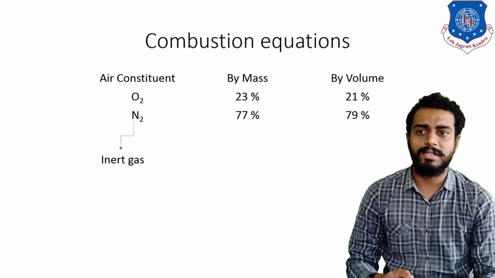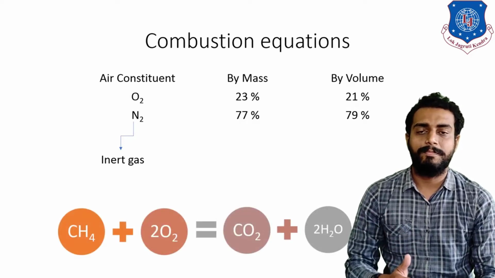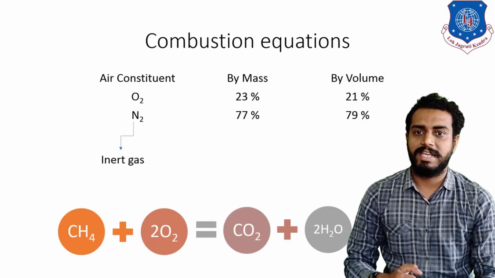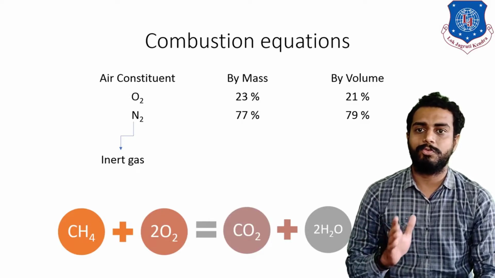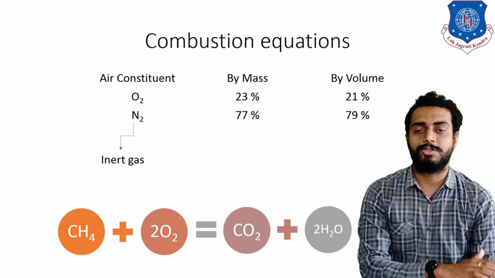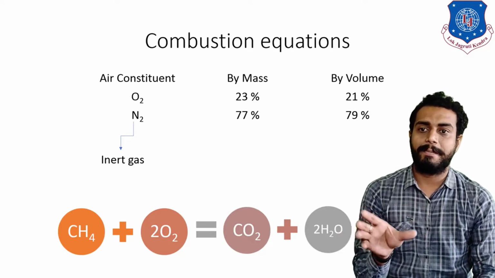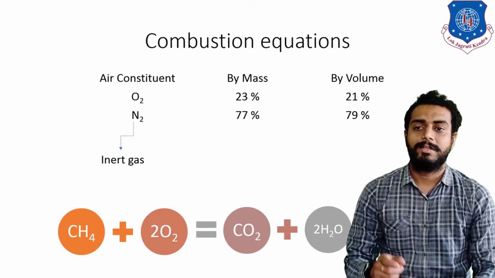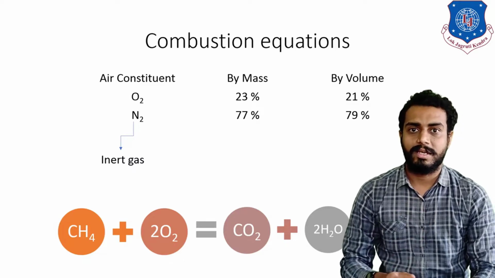Further, let us understand the combustion of methane. Methane is CH4. So CH4 plus O2 will give CO2 plus H2O. Here the equation is chemically balanced, that's why twice O2 and twice H2O is written.